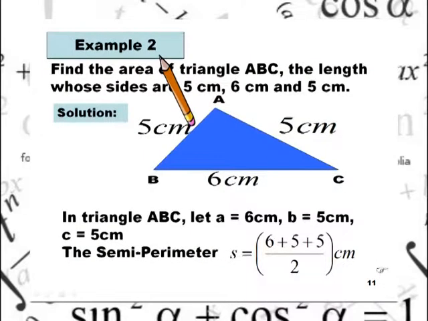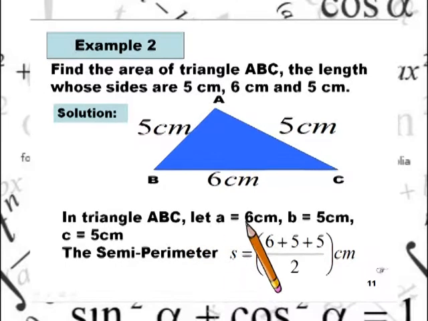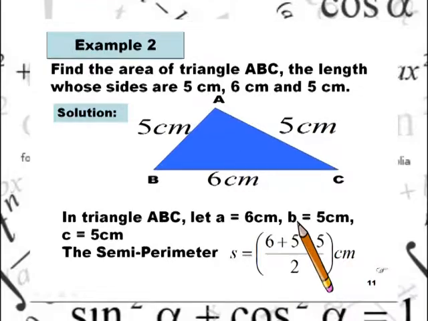Example 2. Find the area of triangle ABC whose sides are of length 5 cm, 6 cm, and 5 cm. In the triangle ABC, let A equal 6 cm, B equals 5 cm, and C equals 5 cm.